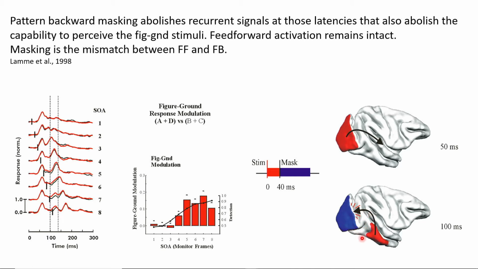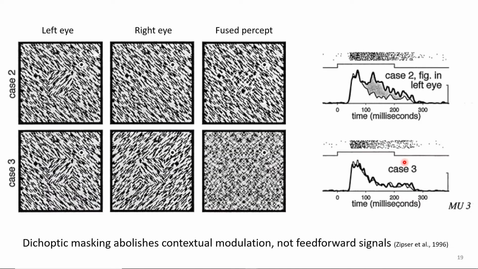And then, in a functional sense, these recurrent interactions are no longer possible. This, we thought, explains why masking works: it interrupts these recurrent interactions while not interrupting the feed-forward activations. Different experiments. This is dichoptic masking.